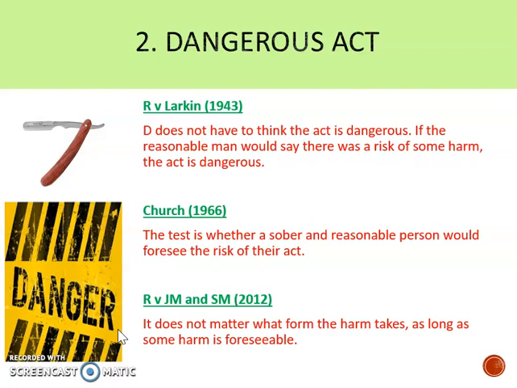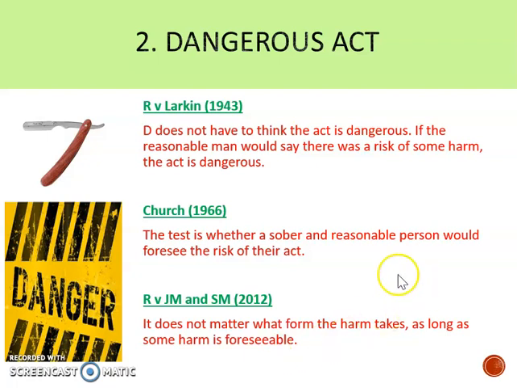He was convicted of UAM, and again, he was trying to argue, well, I don't think it was dangerous because I just planned to go and steal his stuff. I wasn't planning on hurting the man. But the court said it doesn't matter what form the harm takes, as long as some harm is foreseeable.